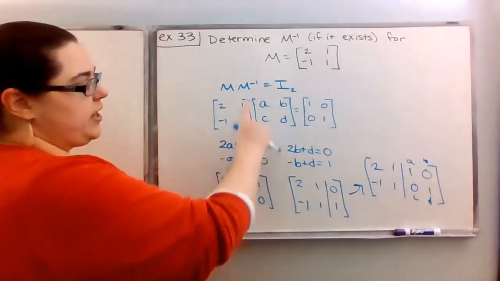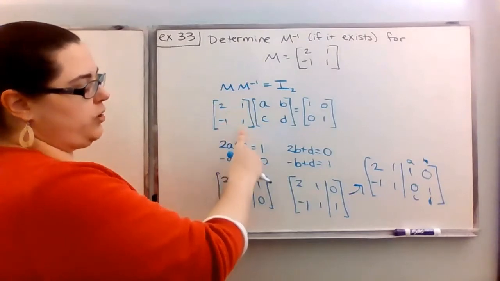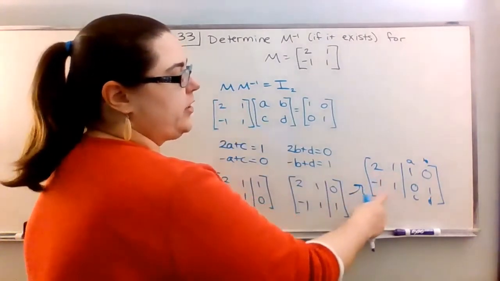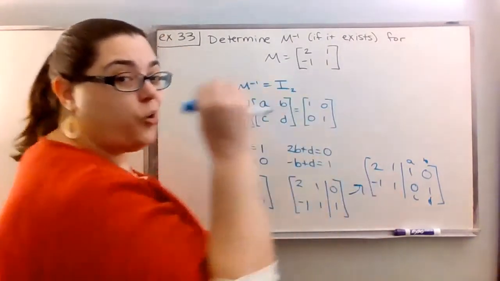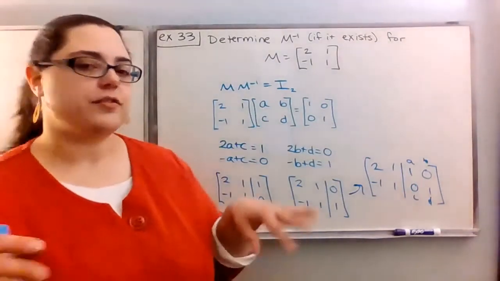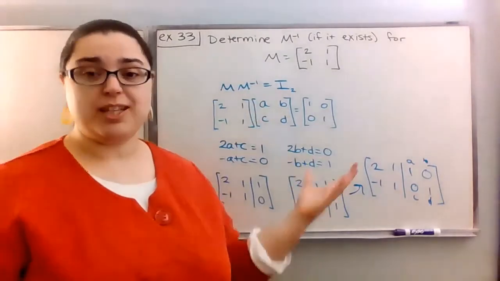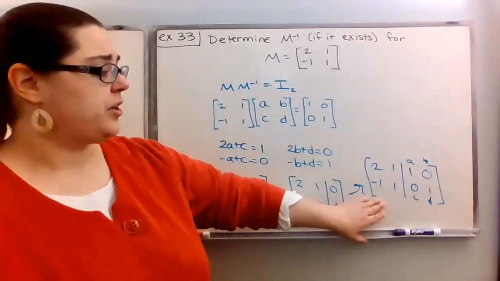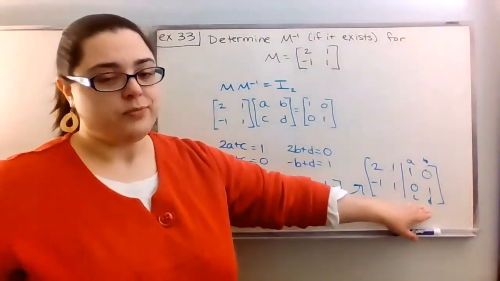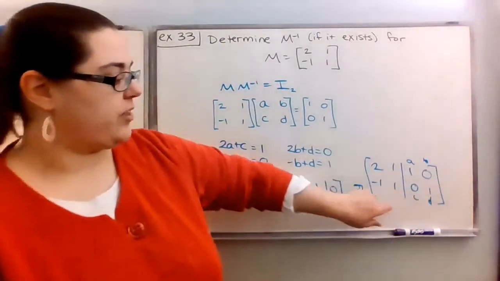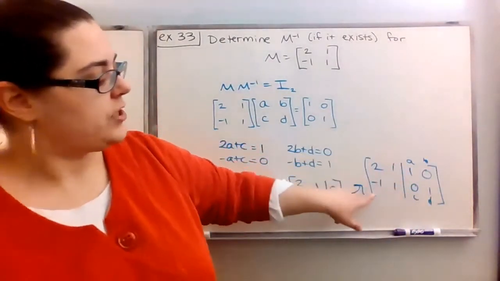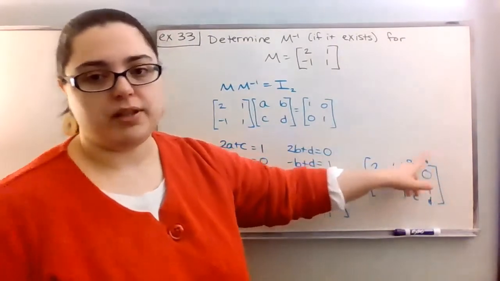And notice this was M, 2, 1, -1, 1. What this is giving us is a method of solving an inverse, no matter what size matrix we have. And here's what it is. You take your matrix, you augment the identity, you row reduce so that you have the identity now on the left, and whatever's on the right is going to be the inverse.